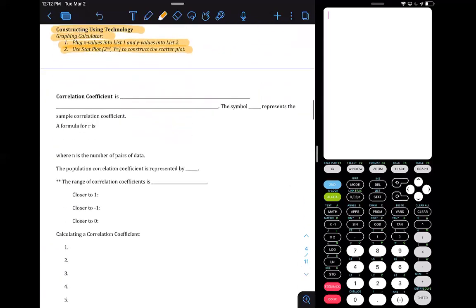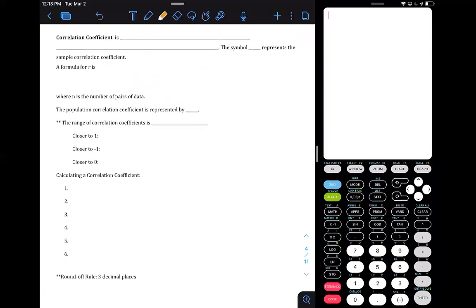What we're going to focus on today is the correlation coefficient. This is a measure of the strength and direction of a linear relationship between two variables.